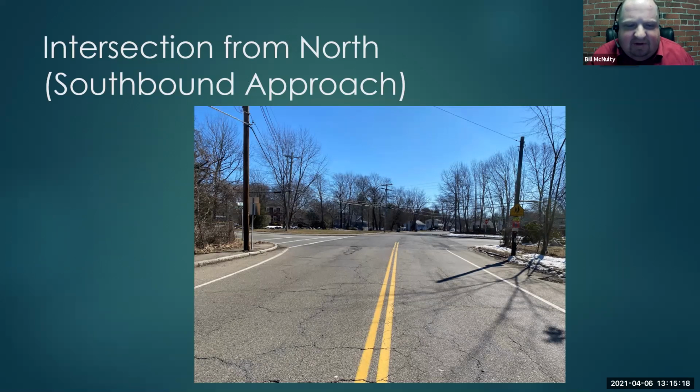Earlier, the aerial view that I showed did show that Old Randolph Street comes into this intersection at a very different angle than Chestnut Street does. So it's a skewed geometry. Old Randolph is also a little bit offset from Chestnut, so that complicates movements through this intersection as well.